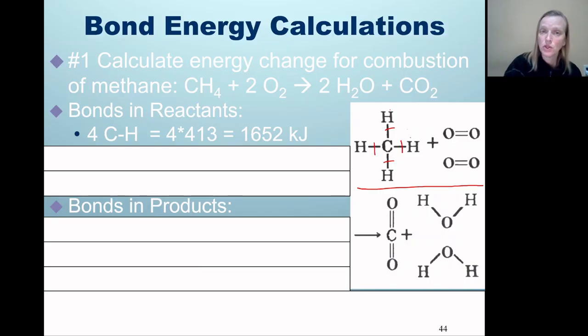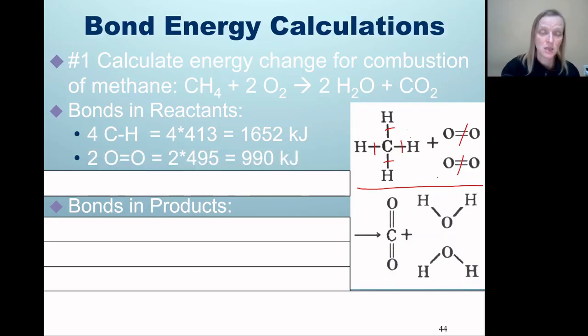Now I'm going to look at the oxygen. I see an oxygen-oxygen double bond here and an oxygen-oxygen double bond here. So I have 2 oxygen-oxygen double bonds. When I look that up on the data table, you can see that an oxygen-oxygen double bond has a bond energy of 495 kilojoules per mole.